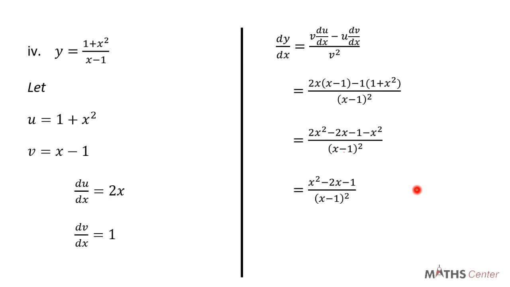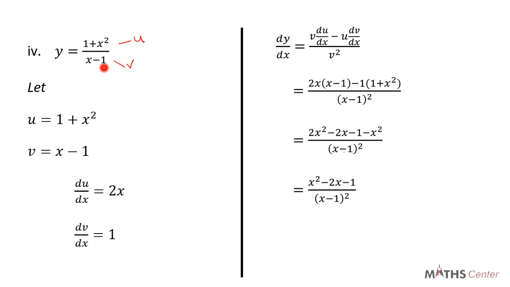So this is how to use the quotient rule to differentiate a function. The quotient rule is dy dx is equal to v du dx minus u dv dx divided by v squared. Remember that the numerator is always u and the denominator is always v. If you look at the quotient rule carefully, that's how it goes.